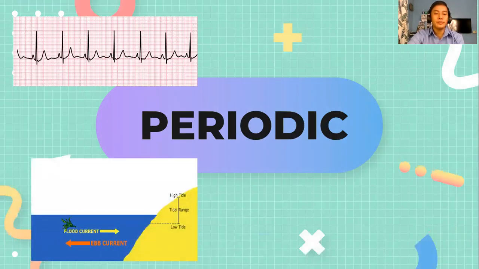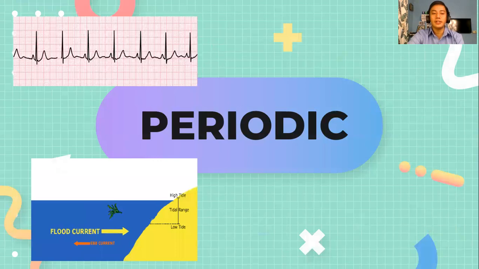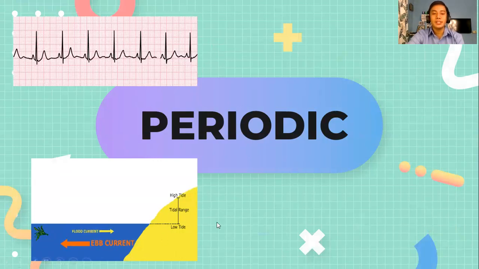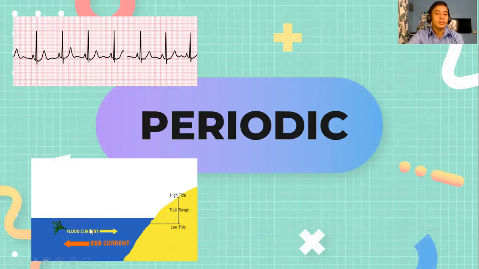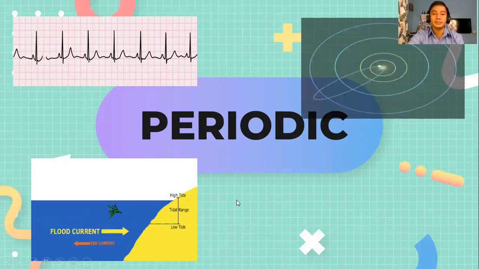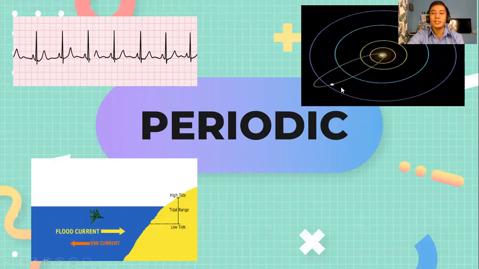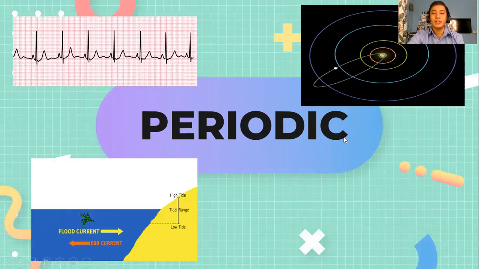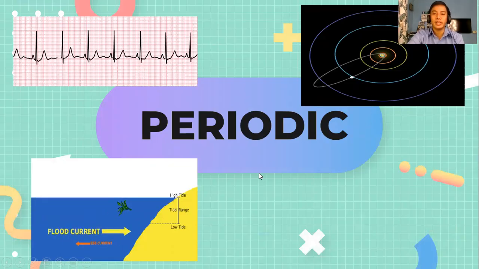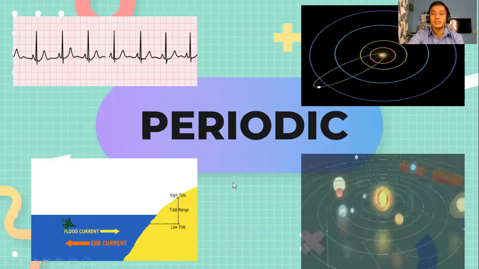As you observe, the flood current also follows a certain periodic phenomenon, which is the low tide and the high tide. Every day, the water level changes periodically. Then look at this comet surrounding a certain heavenly body. It also follows a certain periodic rotation.